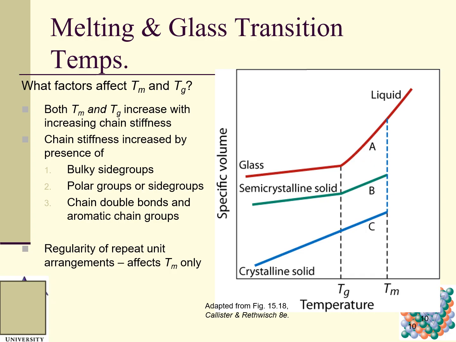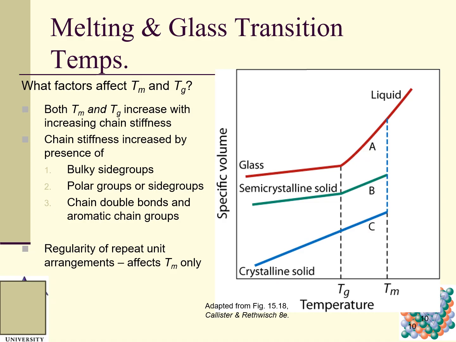The melting and glass transition temperatures. What factors affect the melting temperature Tm and the glass transition temperature Tg? Both Tm and Tg increase with increasing chain stiffness.